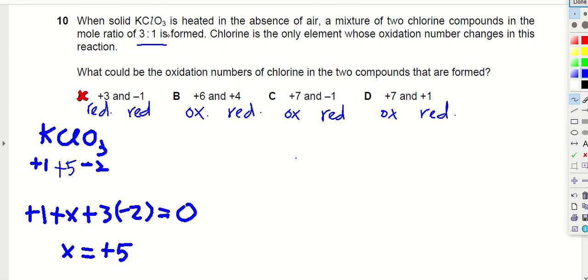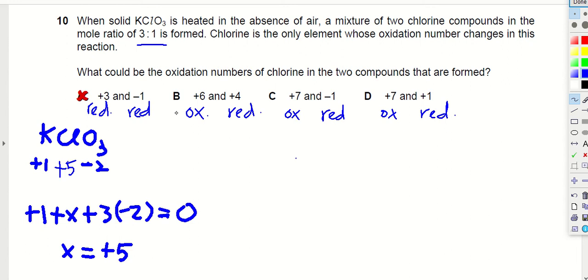Meaning, if the oxidized compound is 3 and the reduced compound is 1, then in total the oxidation number increase in the oxidation will be 3 times the oxidation number change in reduction, or the other way around.